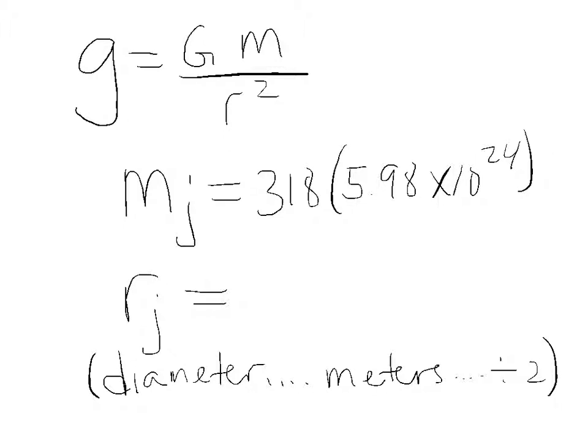So in this case for Jupiter, the equatorial diameter that I'm finding on my sheet is 143,000 kilometers. So I'm going to add 3 more zeros to turn that into meters, and then I'm going to divide that by 2. That's how I will find my radius. I'll solve this on the next slide.